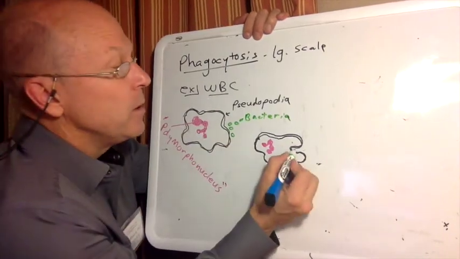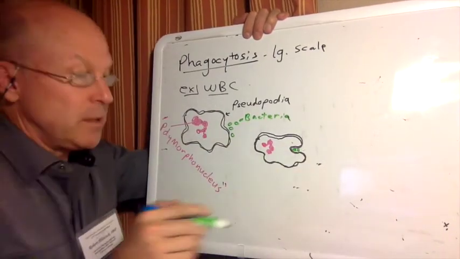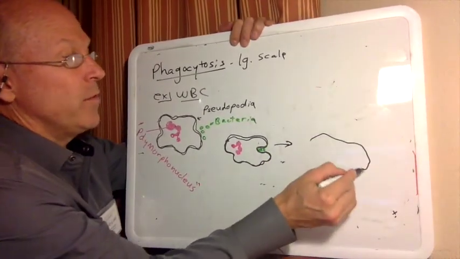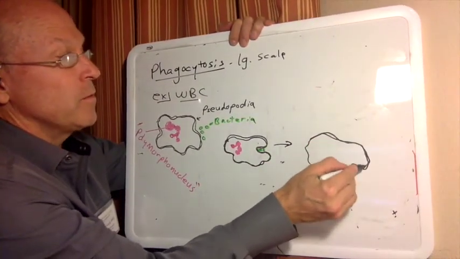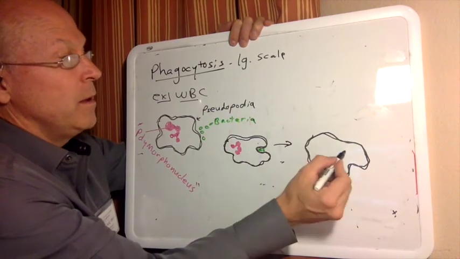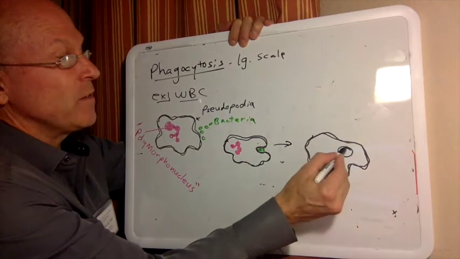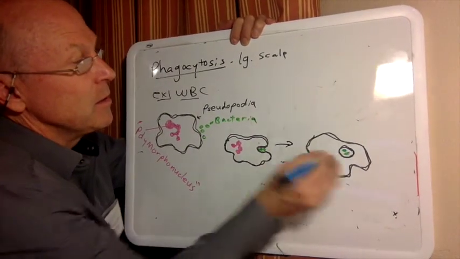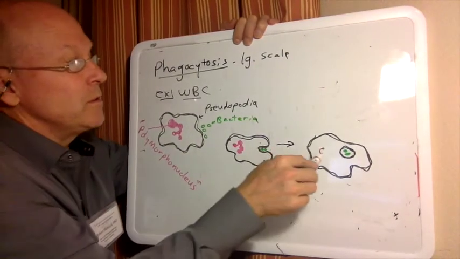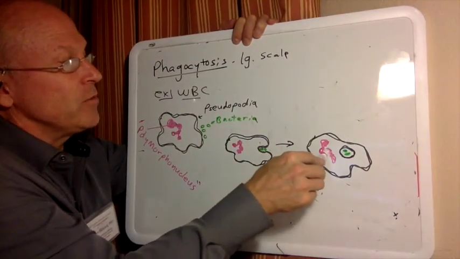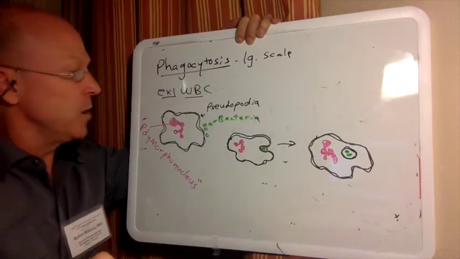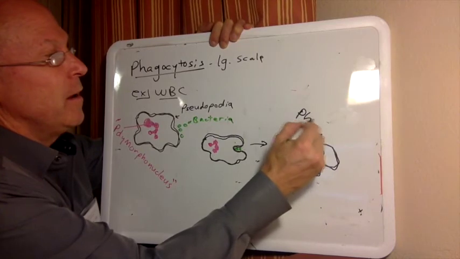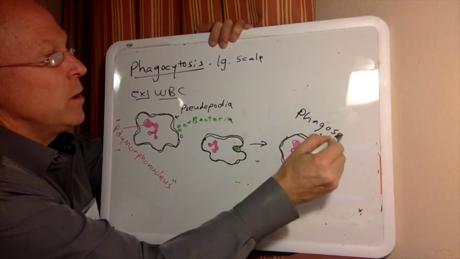And then let's put some of these bacteria here, and the next part of the process is the whole thing is gobbled up. So here's my white blood cell. Here is a new vesicle here that has formed, that has bacteria in it. And then let's draw the nucleus just to show that it's still intact and awesome as it always was. So this thing is called a phagosome.